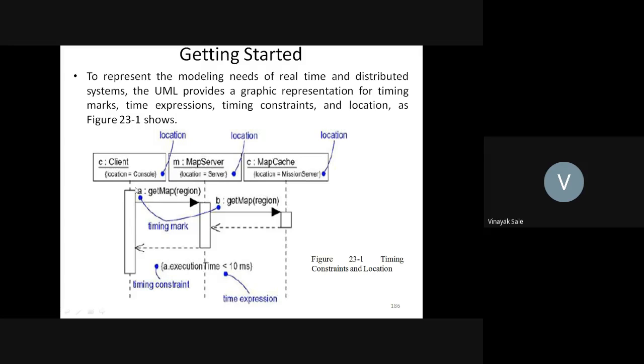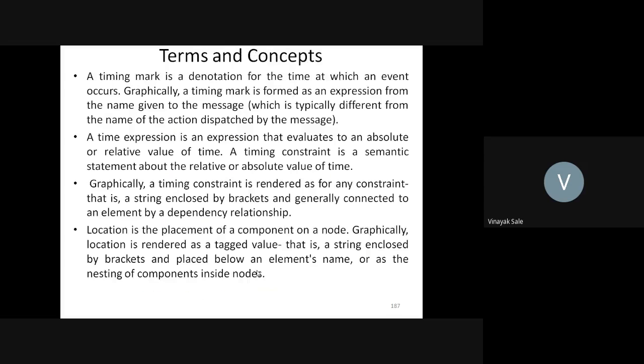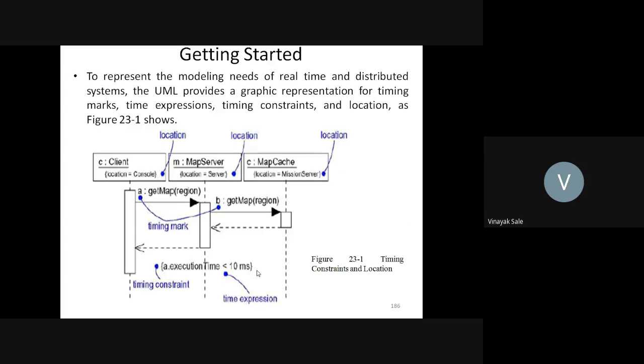They can communicate with each other. This is a, this is b, a colon, then some message. This is known as a timing mark. So what is a timing mark? Execution time is less than 10 milliseconds. See the figure carefully.